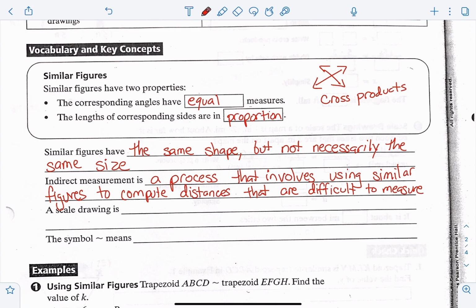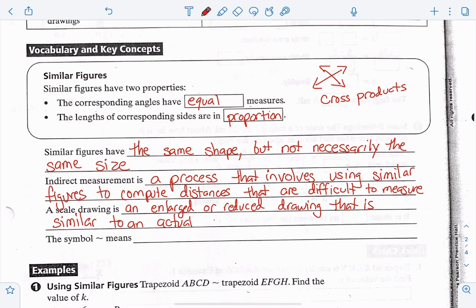A scale drawing is an enlarged or reduced, so either gets bigger or smaller, drawing that is similar to an actual object or place.